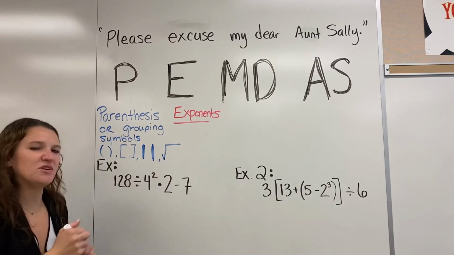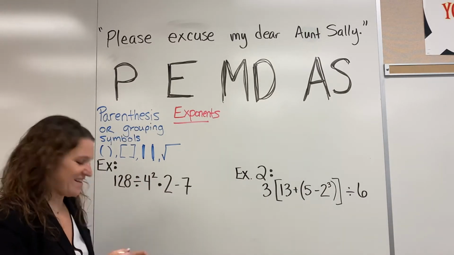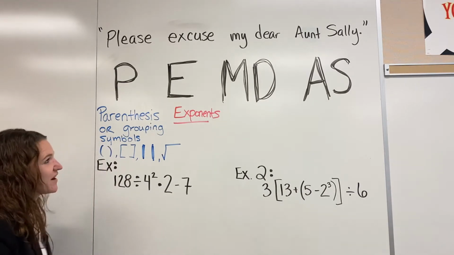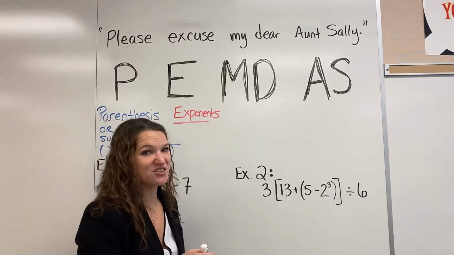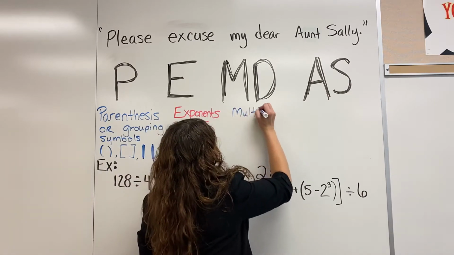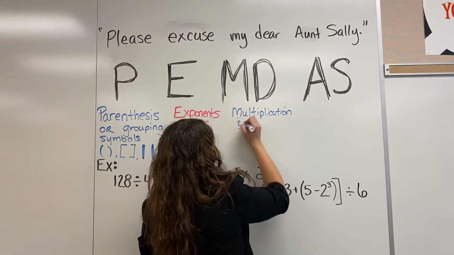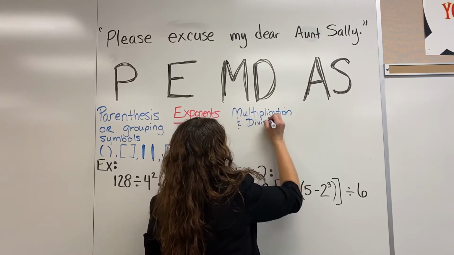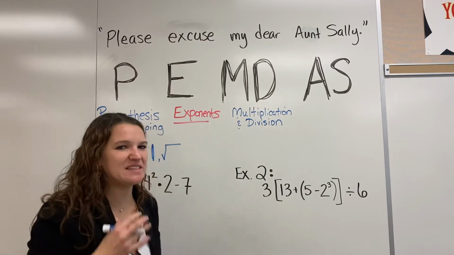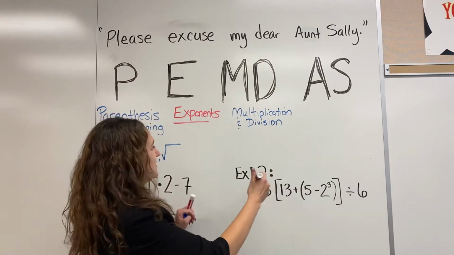All right, exponents, we know what those are. I don't think I have to go into too much more discussion about that. After exponents, we have multiplication and division. Something specific about multiplication and division is that we have to work this from left to right.